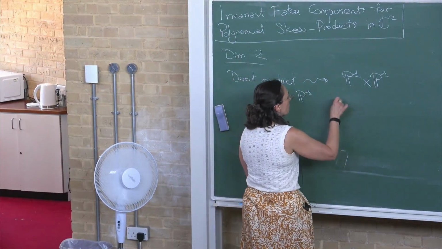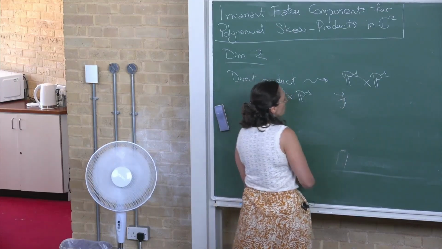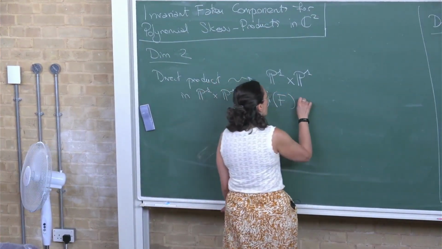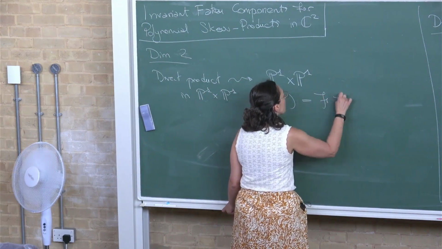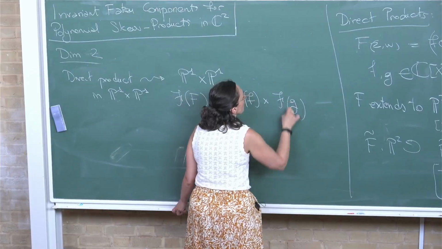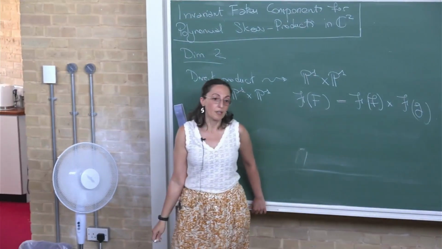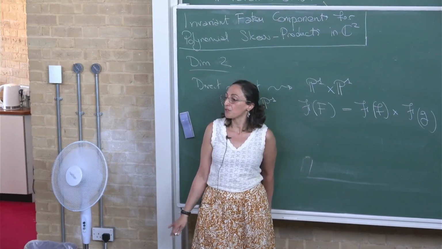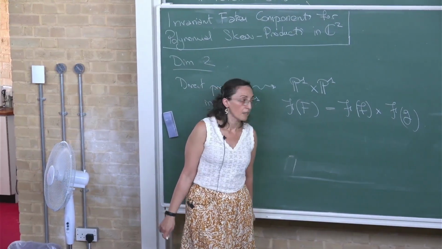if I consider the Fatou set defined with respect to P1 cross P1, well, the Fatou set of capital S is going to be the Fatou set of little f times the Fatou set of little g. So you don't lose anything, you don't gain much, but it's reassuring. Okay?